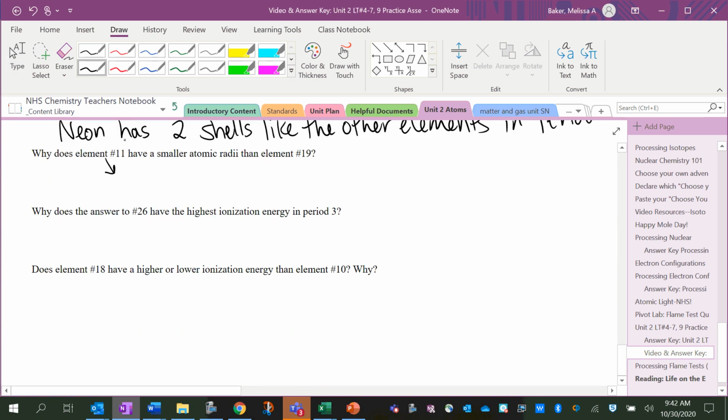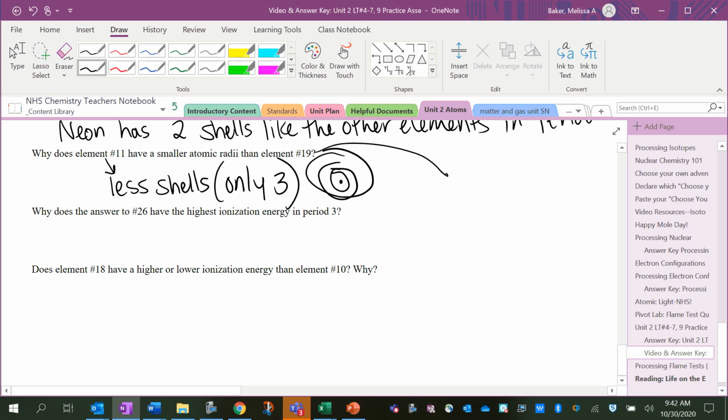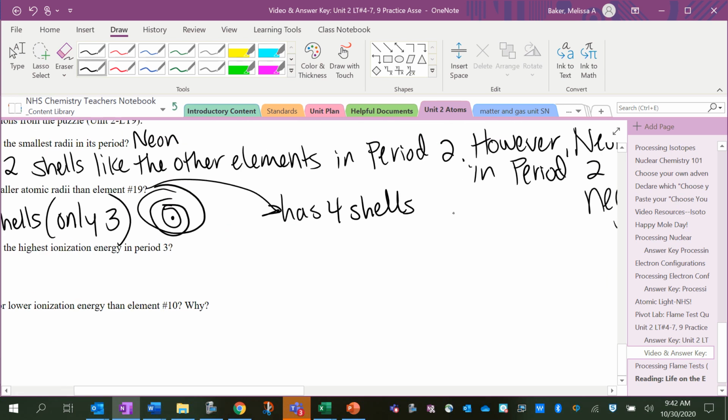So element number 11 has less shells, only 3. So 1, 2, 3 shells of electrons, while this one has 4 shells. 1, 2, 3, 4. So it's larger.